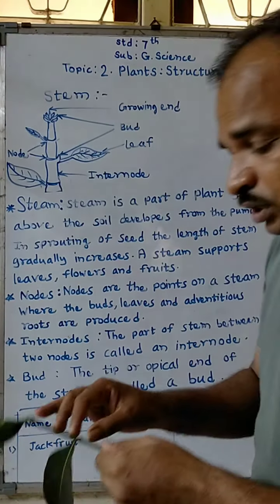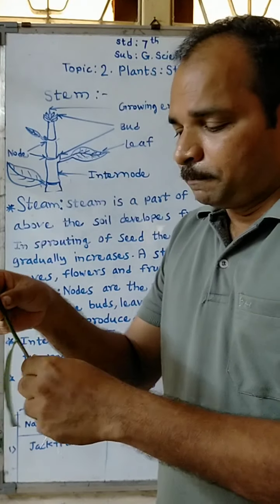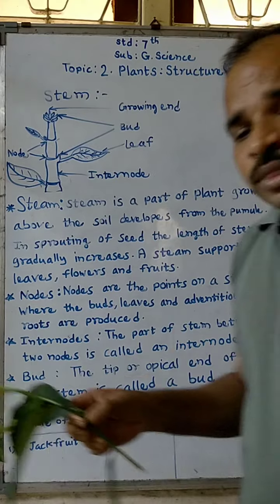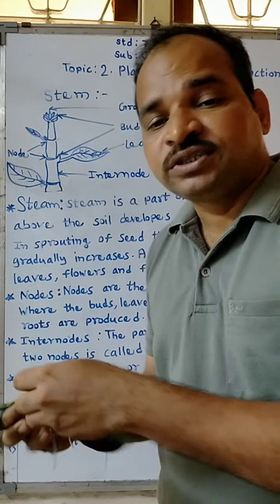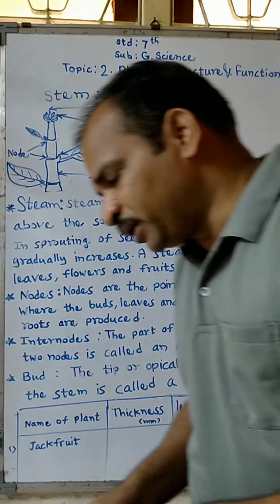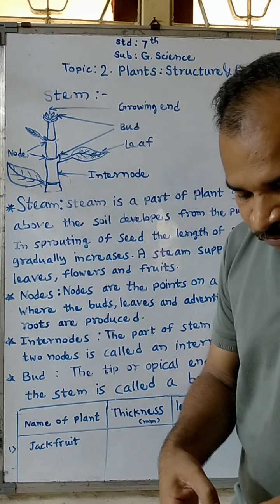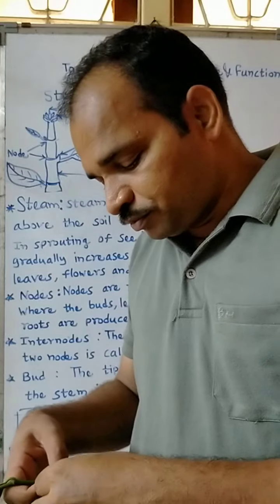If we observe this part, this is a node of the plant. We have to find out the circumference, or thickness, of the node. For finding the circumference, we will use a thread.